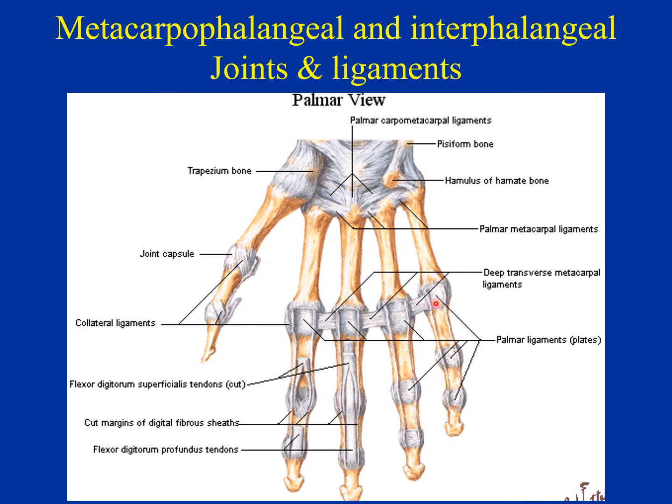As we have seen, these joints are covered by capsules, and they are connected together by deep transverse metacarpal ligaments on the deeper side, and superficially they are connected through the palmar ligaments which keep them in their position, along with the collateral ligaments which are present on the lateral aspect of these joints.